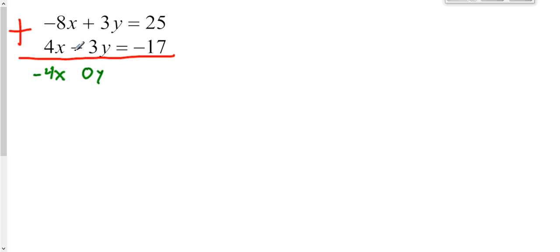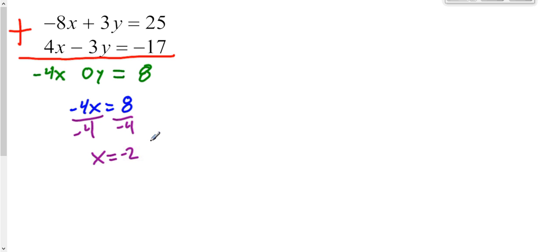If not, nothing in this problem is going to work. Equal sign still right where it belongs. 25 plus negative 17 gives us 8. What's left over is a negative 4x equals 8. We divide both sides by negative 4, and x equals negative 2.